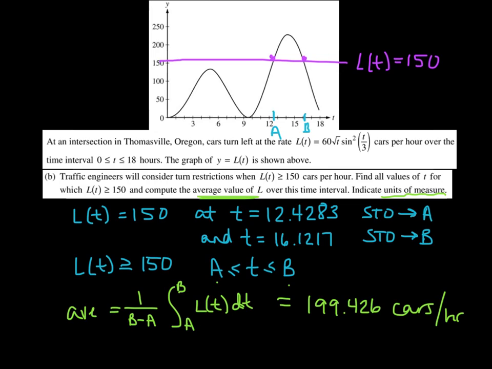Okay, so I got 199.426 cars per hour. Remember that when you are computing the average, your units of measure do not change. So if the original L of t was measured in cars per hour, then the average is also going to be in cars per hour. Keep that in mind because that comes up quite a bit.